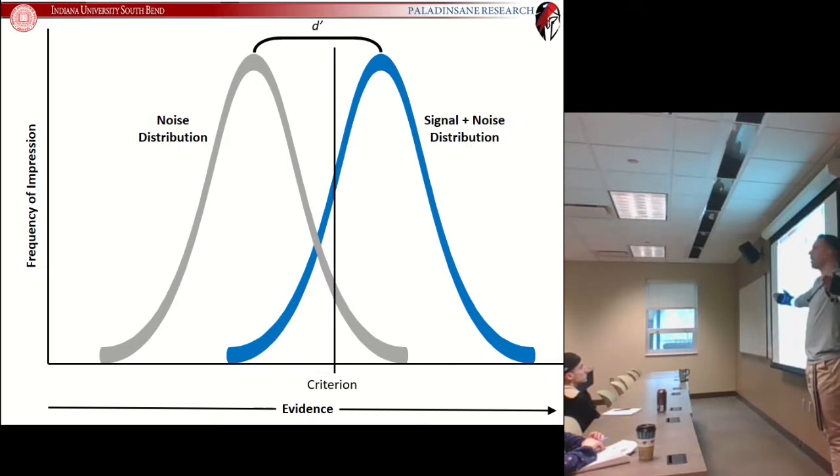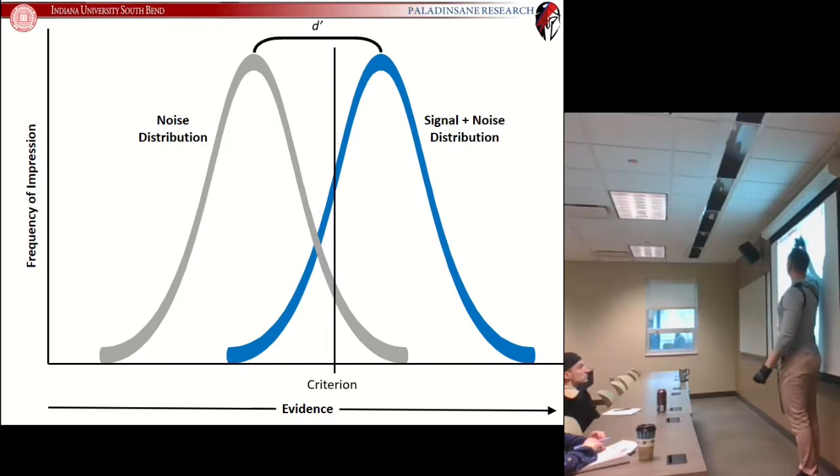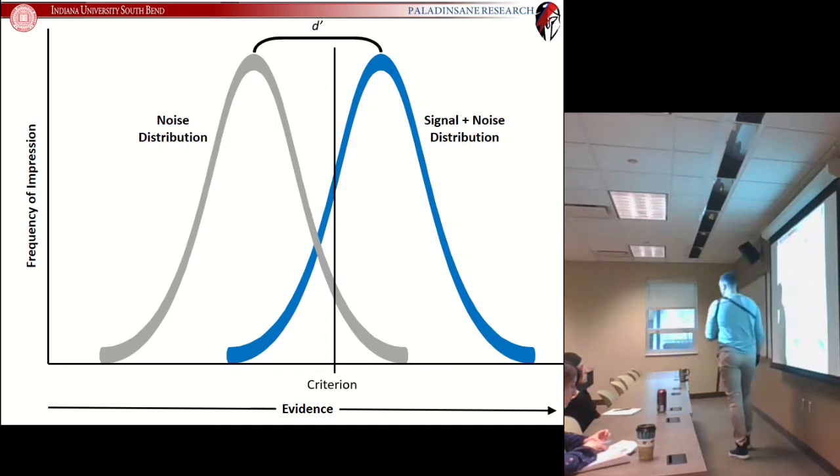The larger your d prime, your distance between your peaks, the more sensitive you are. The smaller that is, the less sensitive you are, the less able you are to detect target versus no target.